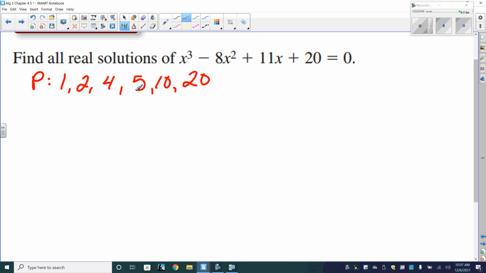No. All right. What are our factors of the leading coefficient? Anything else? No, because what is the leading coefficient? 1. Okay.